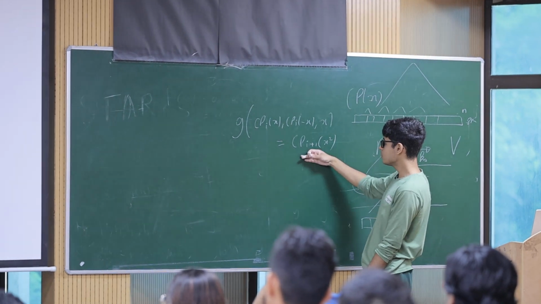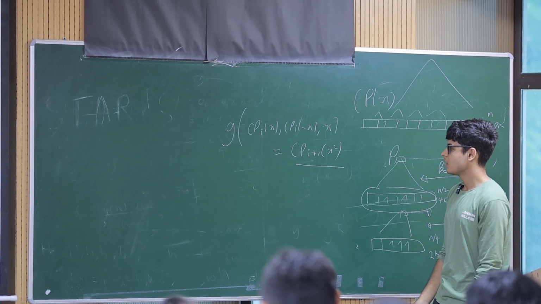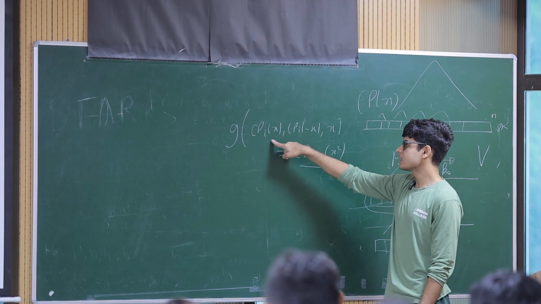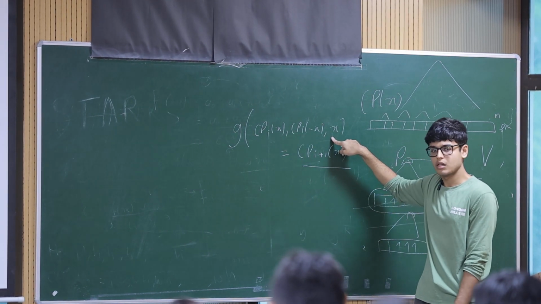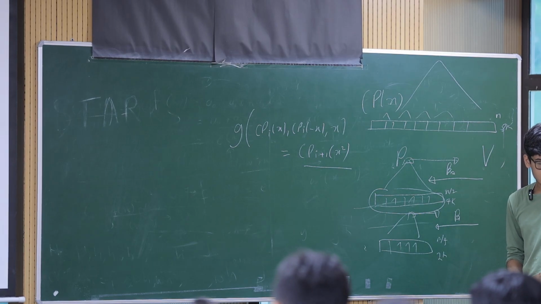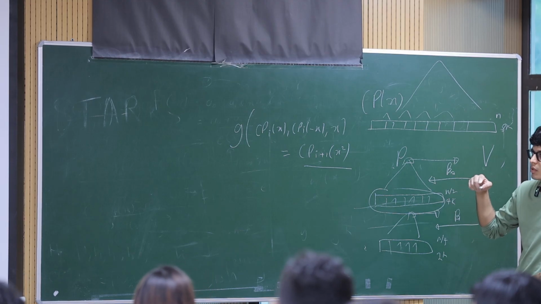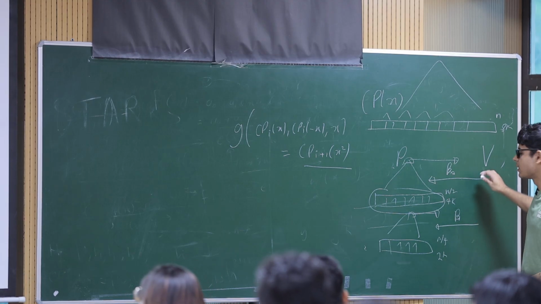So if you want to prove that Cpi plus 1 of x squared is actually correct, you just need Cpi of x, Cpi of minus x, and x. What is beta? Beta was the betas that were randomly sent in the beginning from the verifier.